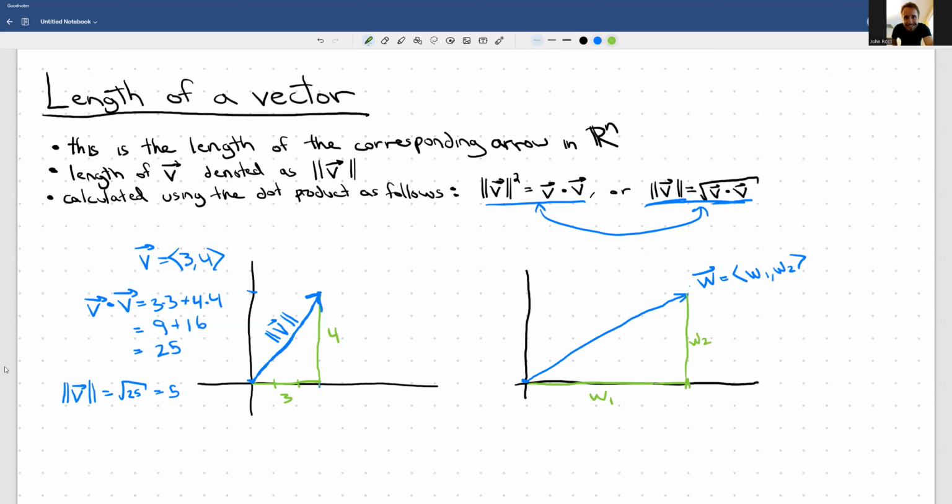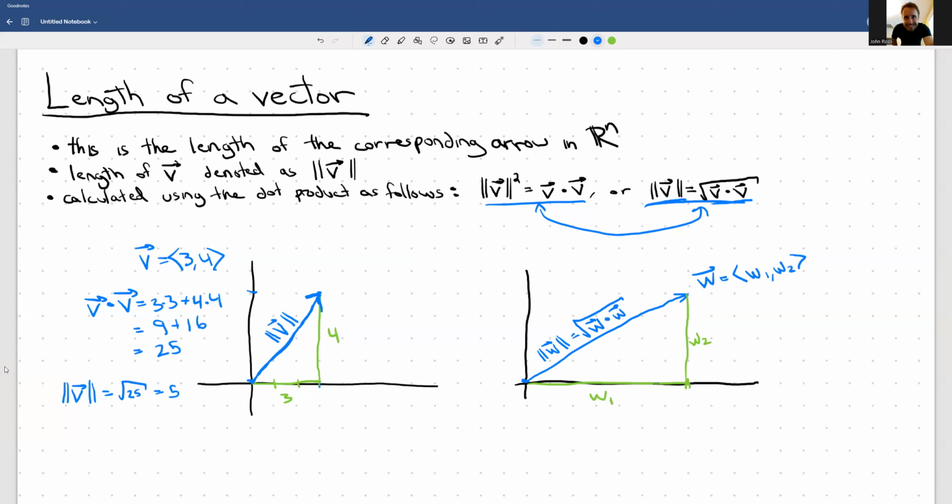And what that means is that this final length, this hypotenuse length, which is of course the length of w, given by the Pythagorean theorem, is going to be the square root of w1 squared plus w2 squared, which is exactly what we get when we calculate w dotted with w.